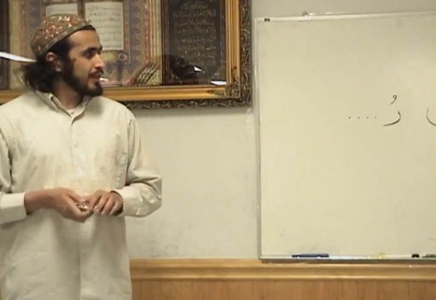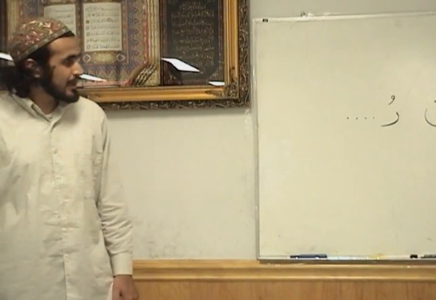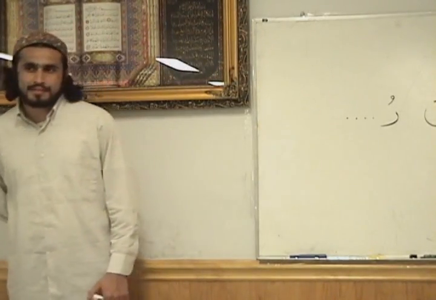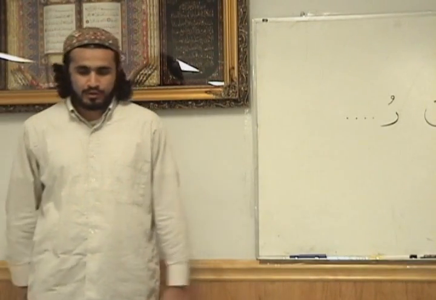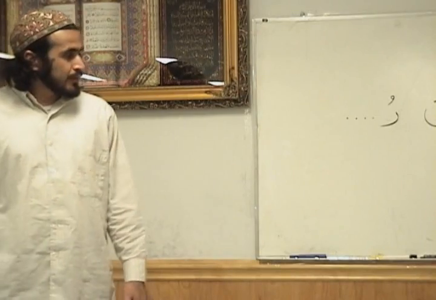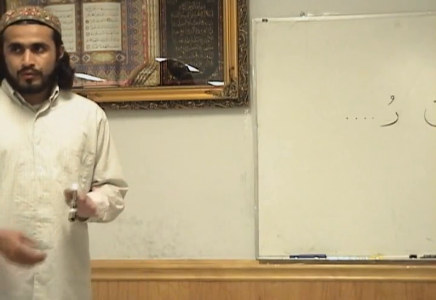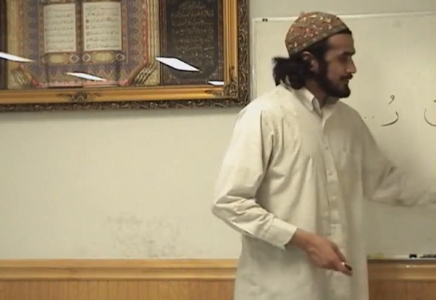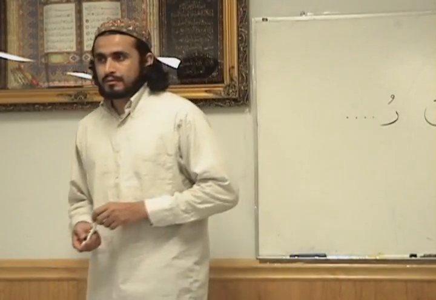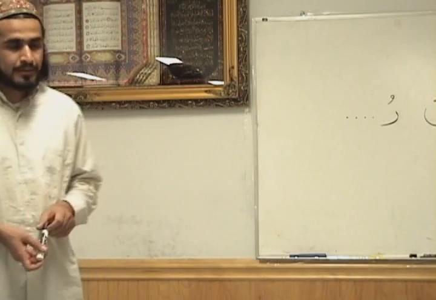The thing that begins the mudari' is ya, ta, alif, and nun. That's the sign of mudari'. That's the way to tell if a fi'l is mudari'. So that in ma'ruf will have a fatha. Change the fatha to a dhamma.